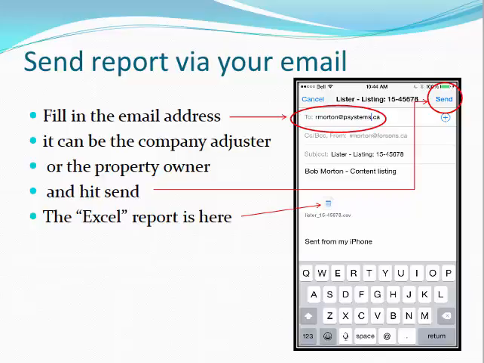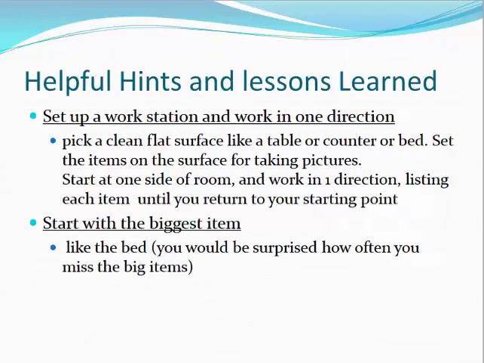It can be the company adjuster or the property owner. You would then hit the send button. As you can see, we've indicated where the Excel report is. If you recall, it was called the CSV report. That's comma separated value, which essentially is export to Excel. So you would hit the send button and the report is going to go to the recipient.